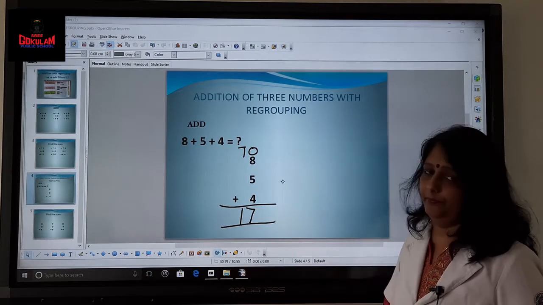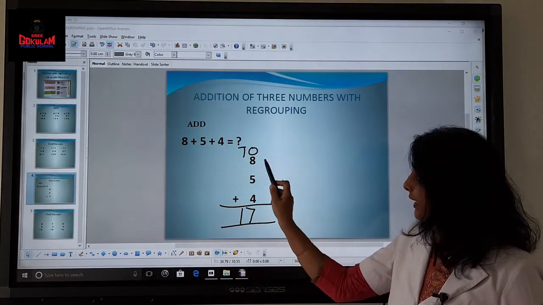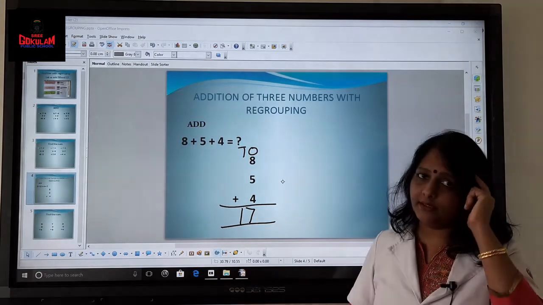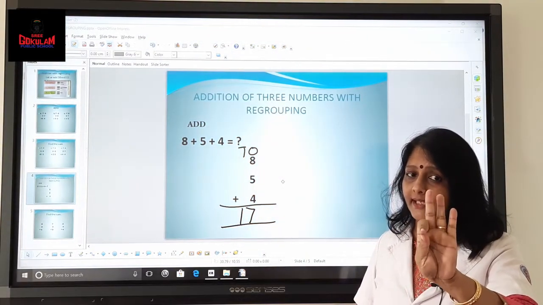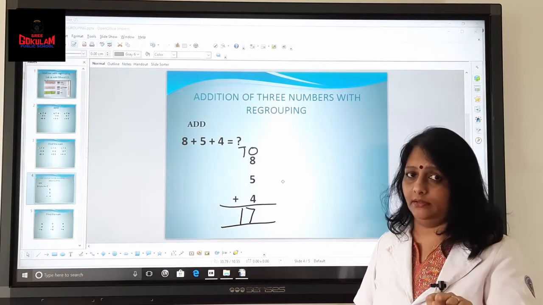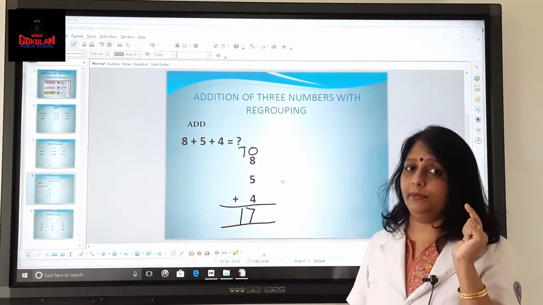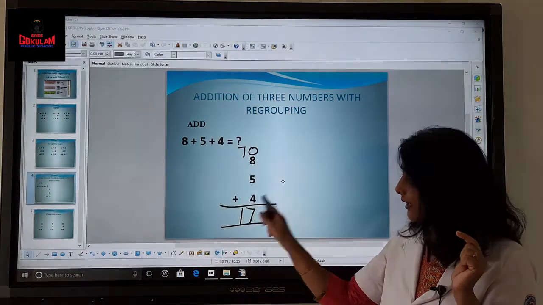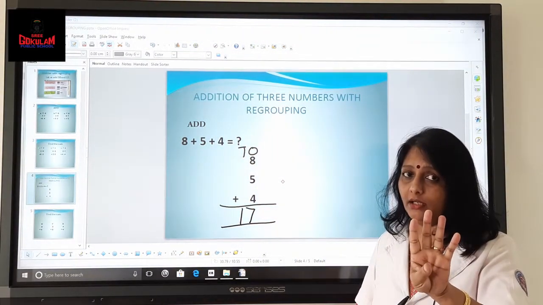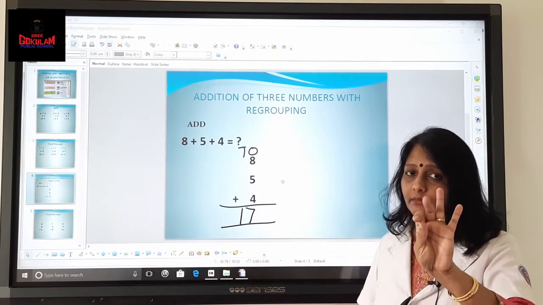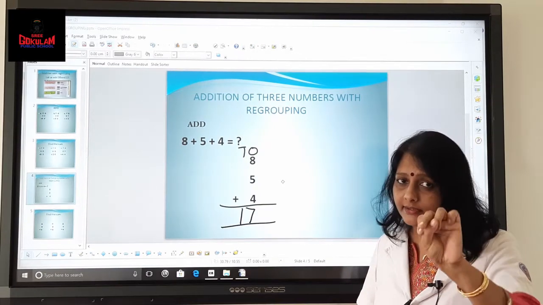8 plus 5. I repeat, how to add 8 plus 5. 8 in your mind, 5 on your fingers. After 8, 9, 10, 11, 12, 13. Now, 13 you keep in mind and add 4 more. 13, after 13, 14, 15, 16 and 17.